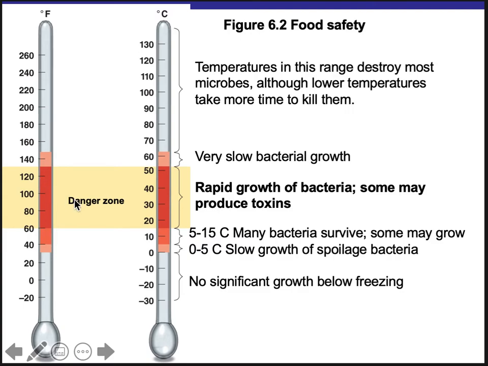So this is why you should always keep your food really, really hot or really, really cold, and never let your food sit out for more than an hour. So you cook it, and then you serve it, and you eat, and then you put it away.